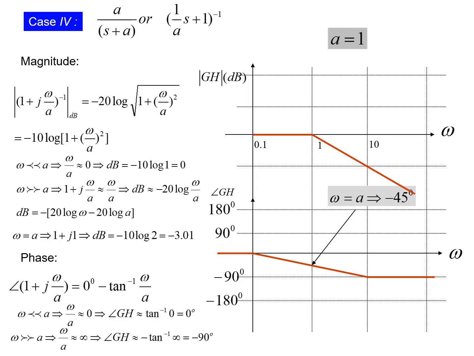And if omega is more than a, omega per a is approximately infinite, and the angle is minus tangent inverse infinite, which is equal to minus 90 degrees. This is the minus 90 degrees.